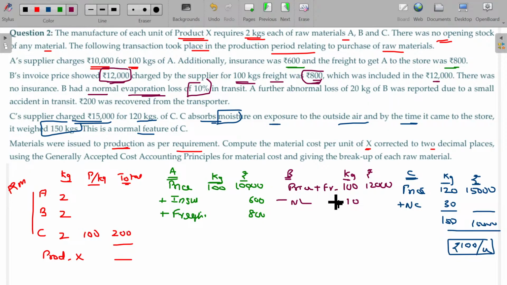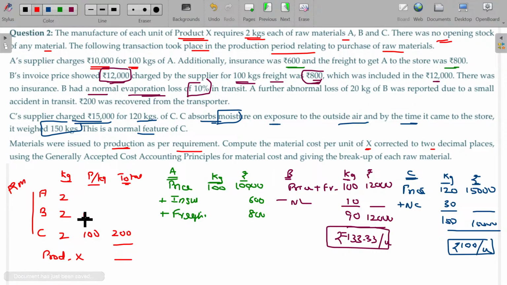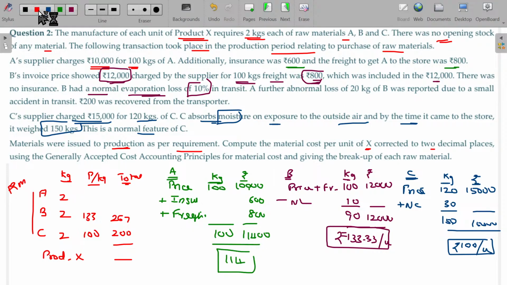Now, 190 kgs only, we have costing 12,000 rupees. Then what about the per unit value? 133.33 per unit, or 133.267. In the last case, 100, the value being 11,400, otherwise 114.228.